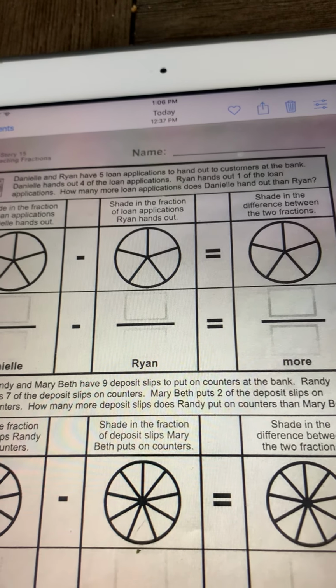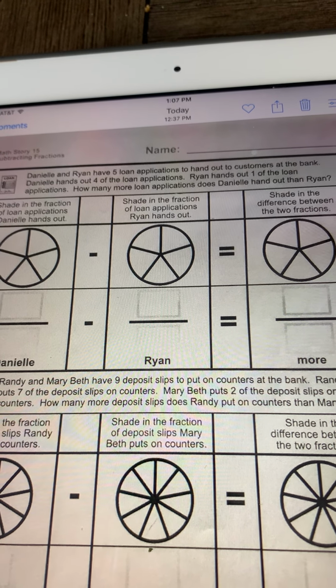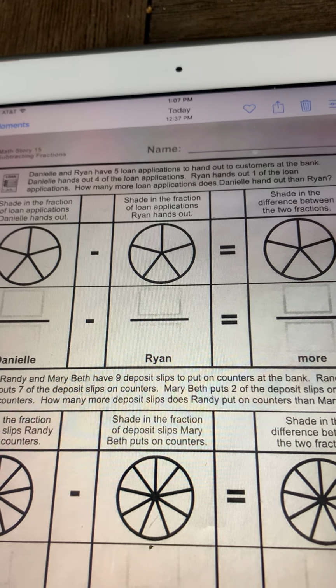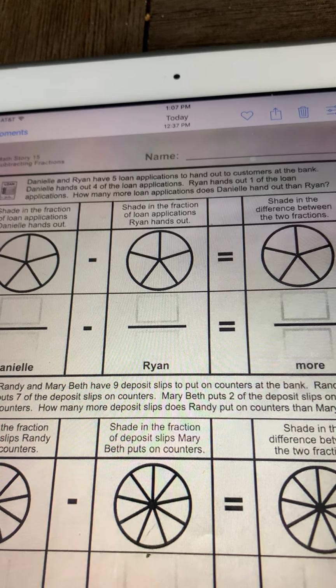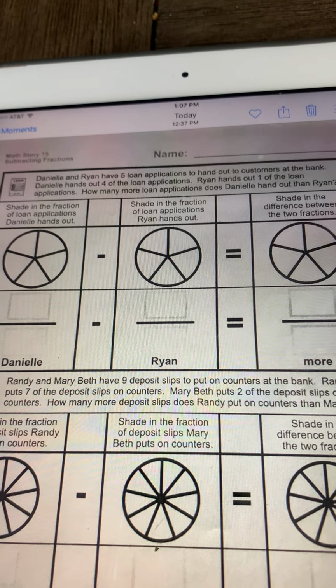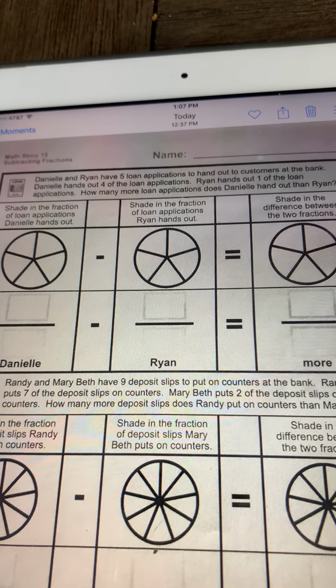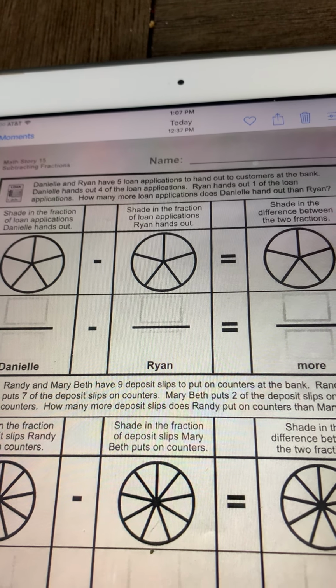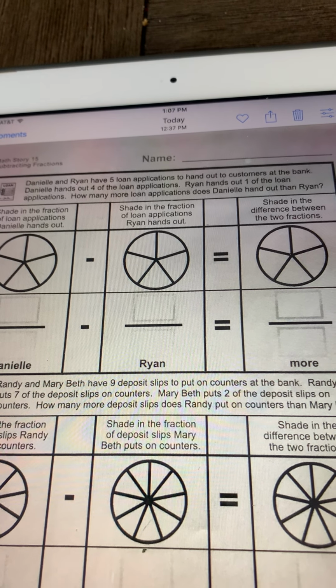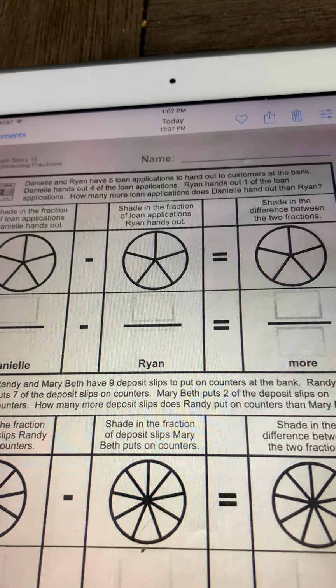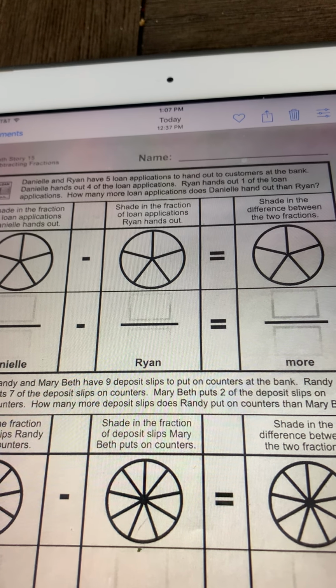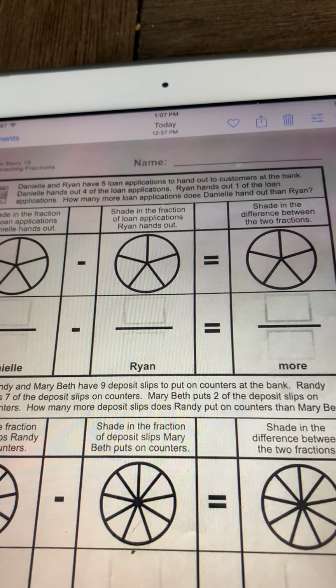Okay, and the top problem reads, Danielle and Ryan have 5 loan applications to hand out to customers at the bank. Danielle hands out 4 of the loan applications, and Ryan hands out 1 of the loan applications. How many more loan applications does Danielle hand out than Ryan?